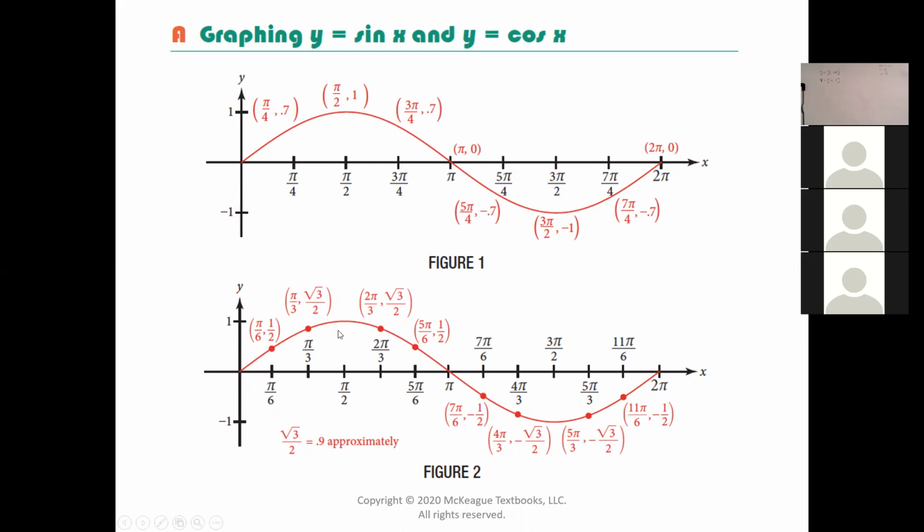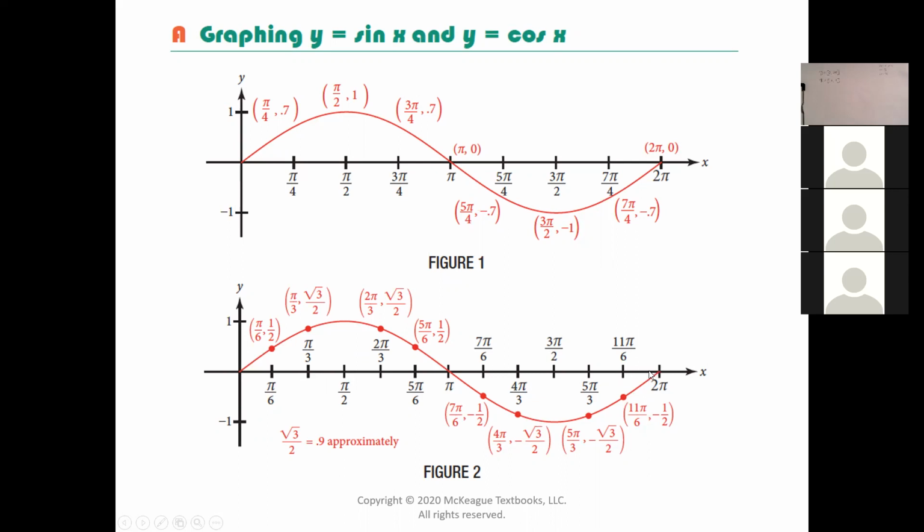Below here, ladies and gentlemen, is also a graph of y equals sine x. It's just that now the x-axis has gone from a scale where the tick marks are spaced pi/4 radians apart to now where they're spaced how many radians apart?